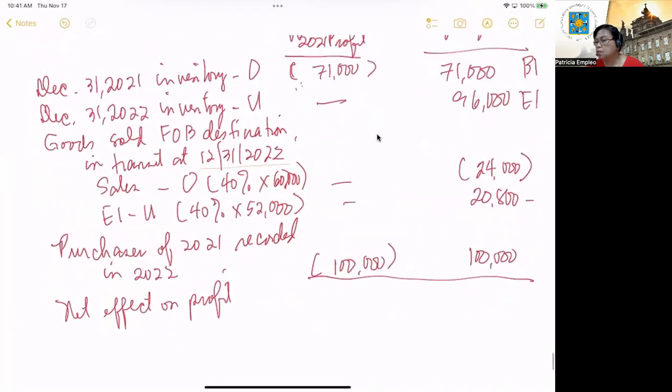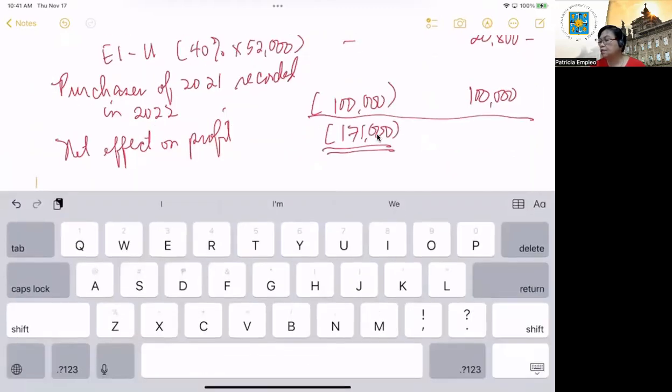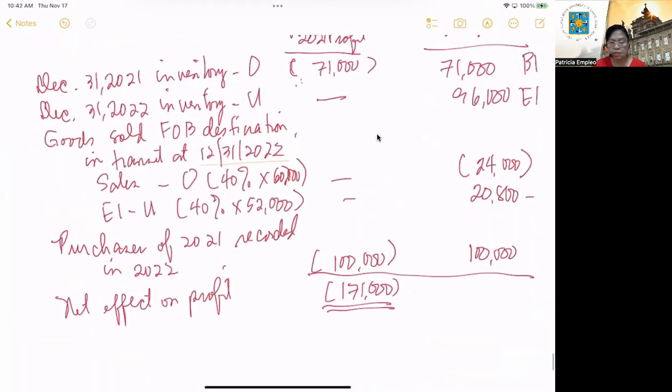So for 2021, we have a total overstatement of 171,000. For 2022, our net effect, let us compute, that is understatement of 71,000 plus understatement of 96,000 minus overstatement of 24,000 plus 20,800 understatement plus 100,000 understatement.